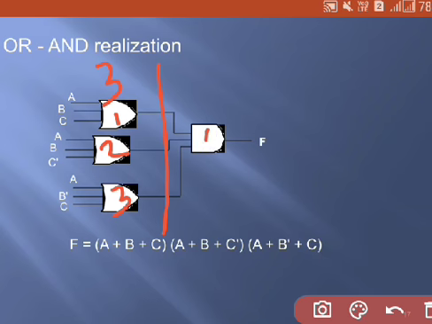That's why this realization is called OR AND, because in the first stage you are using OR gates, and in the second stage you are using an AND gate. So this is the procedure of realizing the standard POS form with the help of basic gates, and that realization is called OR AND realization.